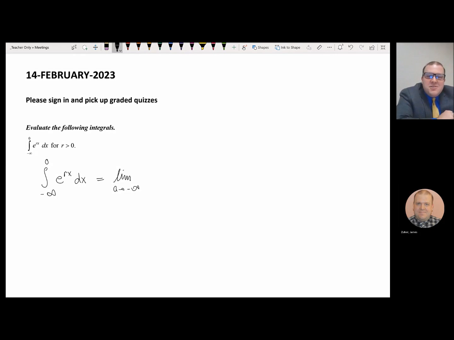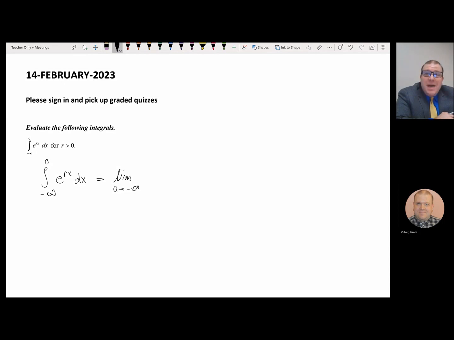Gotta love GPS. Limit as a approaches negative infinity. It doesn't matter what you choose your limit variable to be. The book might use R, I use A or B. Does it have to be from the left or right, depending on if it's the lower or the upper? Well, here it doesn't matter, right? You can't approach negative infinity from the left.